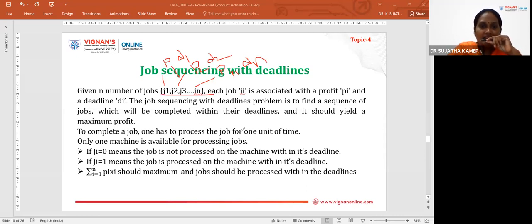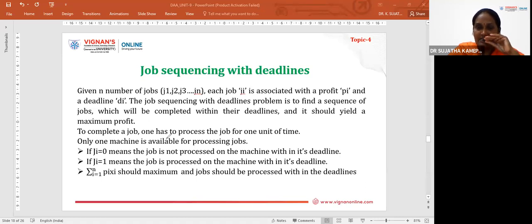Here, in the job sequencing problem with deadlines, if you complete any job within its deadline, you can earn its profit. And you have to remember one more point: only one machine is available to process the jobs, and all the jobs take the same time to complete their processing.